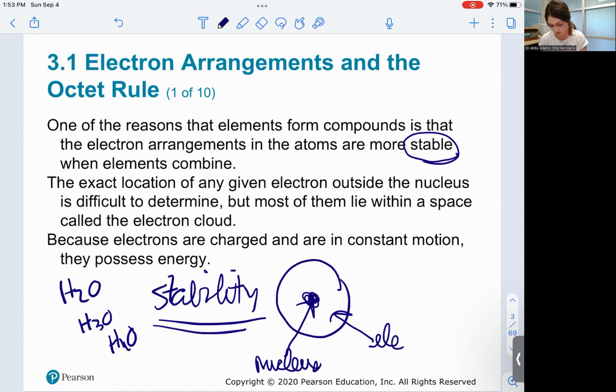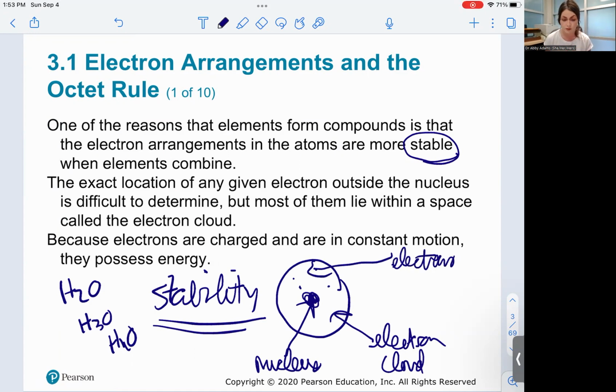In the electron cloud, there are all these electrons moving around really fast. We can't tell exactly where in the electron cloud the electrons are. They don't fill up the electron cloud, they're just moving so quickly.